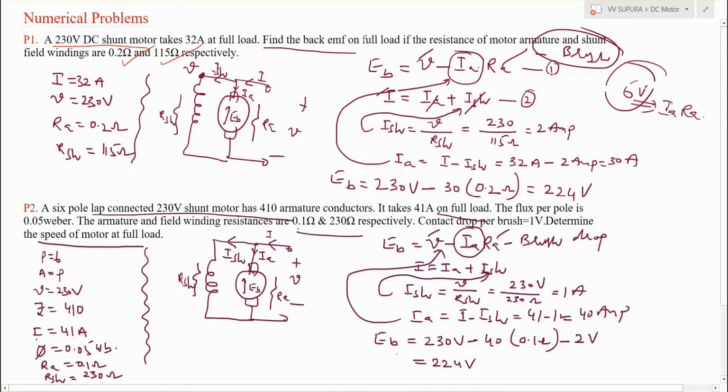So what they want is the speed of the motor at full load, but we calculated back EMF. So we know the back EMF formula.